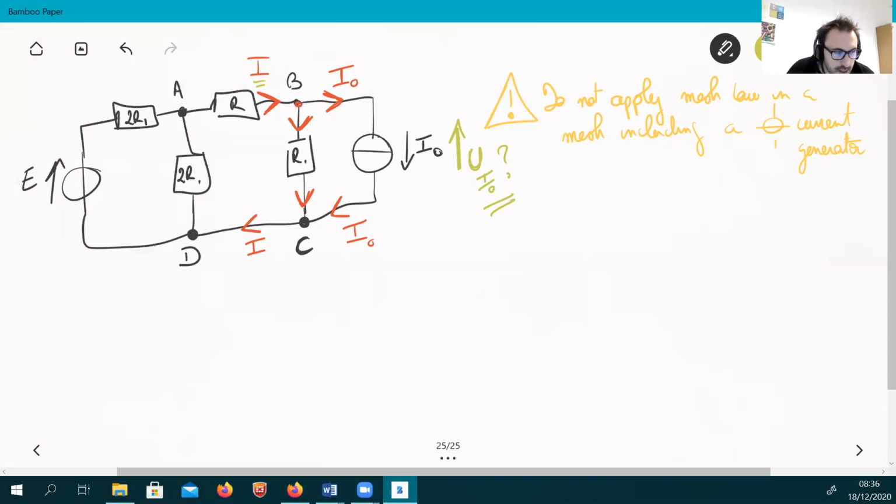All right, so I will let you go through this exercise. Keep spreading the current, keep labeling everything, apply the mesh law twice, and please give me the final result for the current.